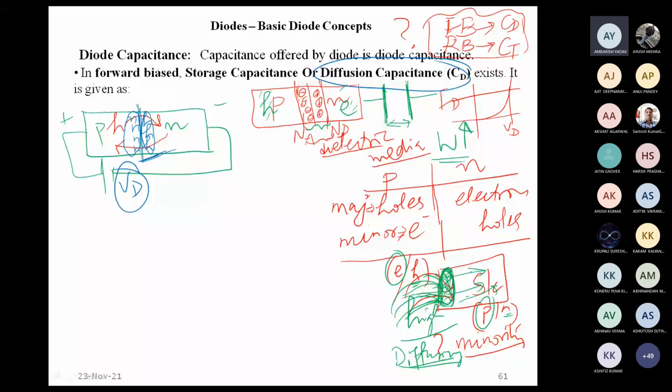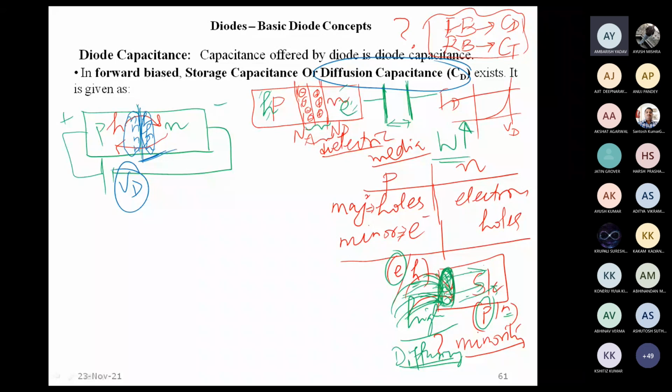So let us try to understand qualitatively where the capacitive nature in the PN junction arises from. We saw that in the reverse bias condition also there is a kind of capacitance because of the depletion region. But in the depletion region, the charges are separated by a large distance. The N region and P region are separated by a large distance, that is W, the depletion width.